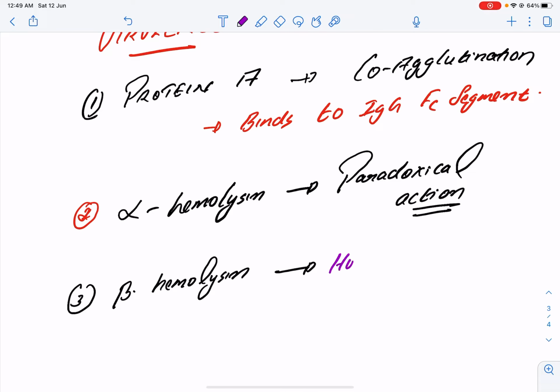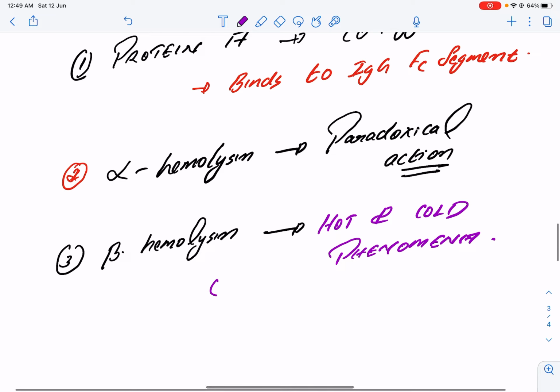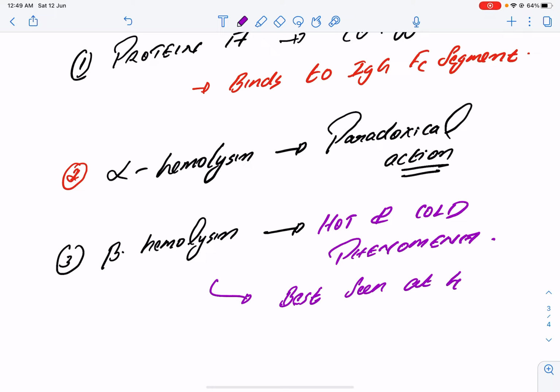They will show you the hot and cold phenomena. And that is seen best at what? 4 degrees Celsius.